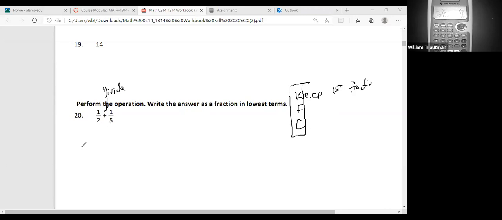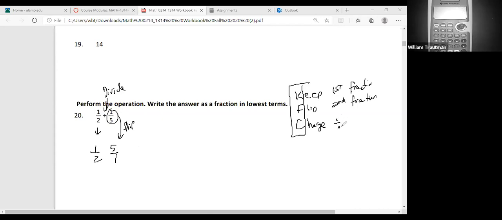So I'm going to keep it. The first fraction is 1/2. I'm going to keep it. The F stands for flip the second fraction. So 1/5, I'm flipping it to 5/1. And the C stands for change.